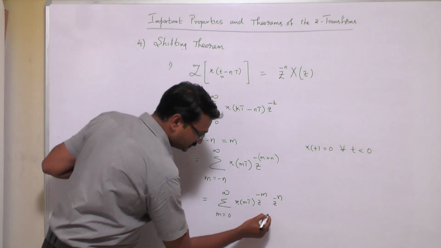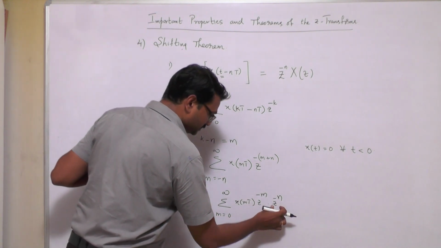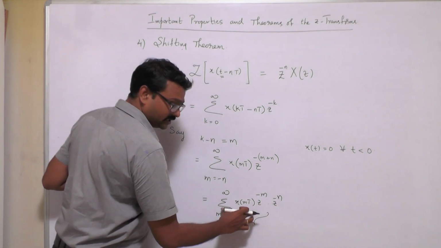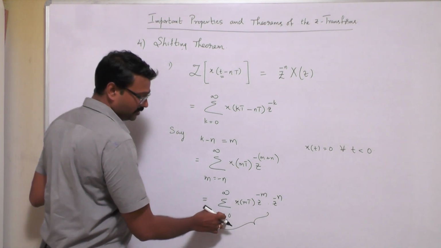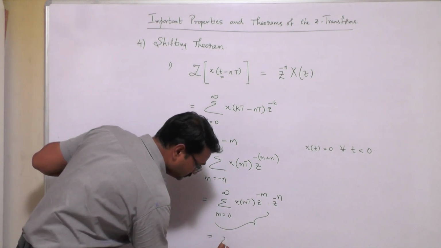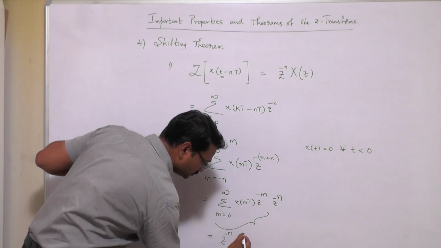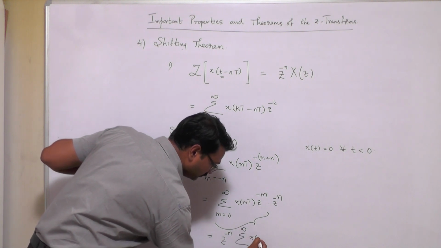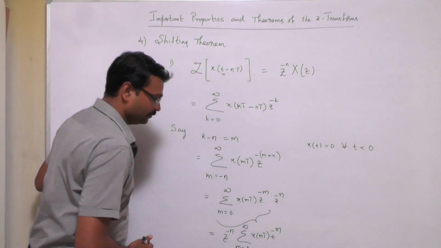Now z power minus n is in no way getting any change in its value when you are replacing m with various values. Therefore, you can write this as z power minus n sigma m is from 0 to infinity x of mT z power minus m.